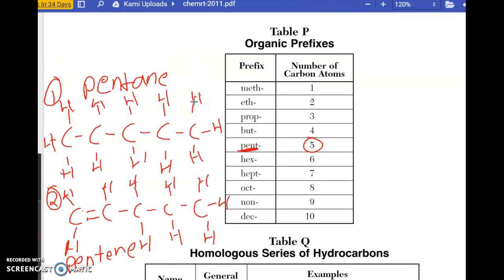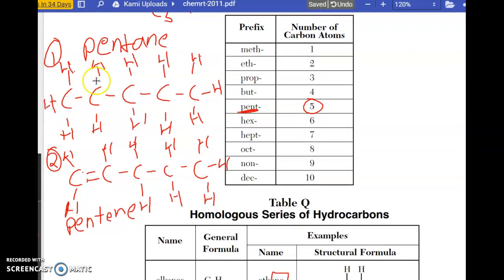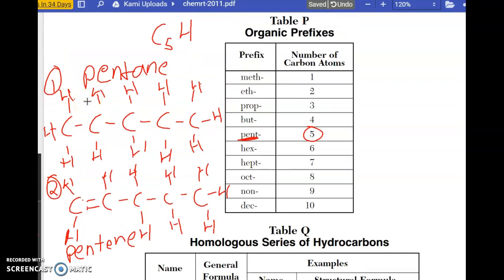So our general formula is going to be C5 and then H something. It always starts with the carbon first and the hydrogen comes second. The number of H's we have is 1, 2, 3, 4, 5, 6, 7, 8, 9, 10, 11, 12. So I have 12 hydrogens.